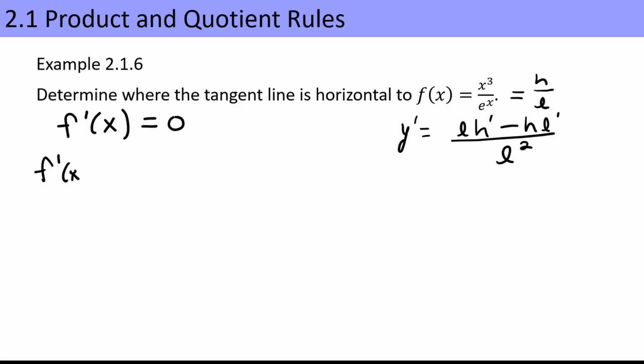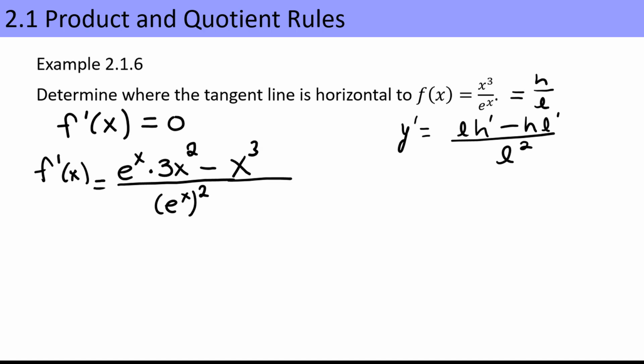The derivative would be, I'll start with the low, which is e to the x squared, and then for the top part we need to write the low function, which is e to the x, multiply it to the derivative of x cubed, that would be 3, bring in the 3 of the power down, x to the power of 3 minus 1 is 2, and then minus, now we'll write the high function, which is just x cubed, and the derivative of e to the x is just e to the x. It doesn't change.